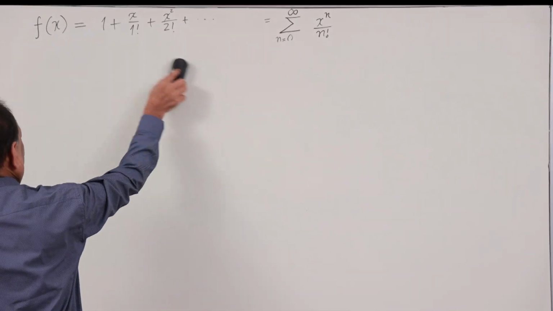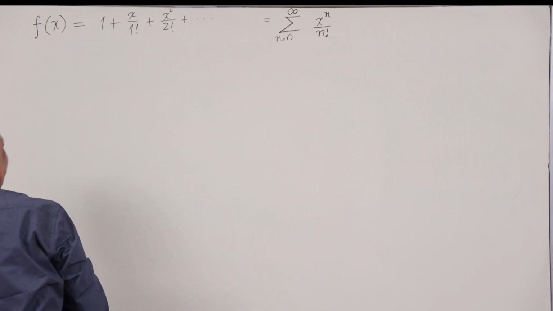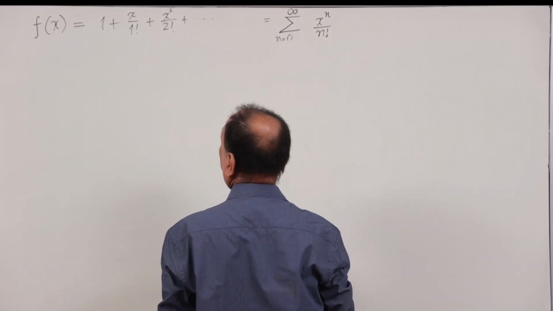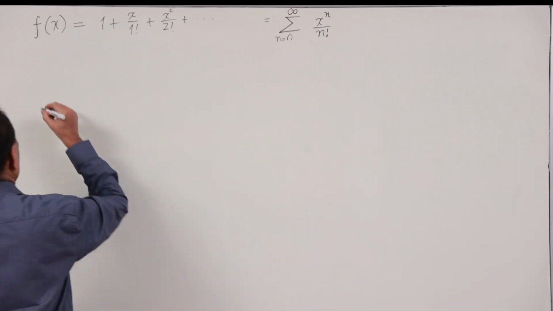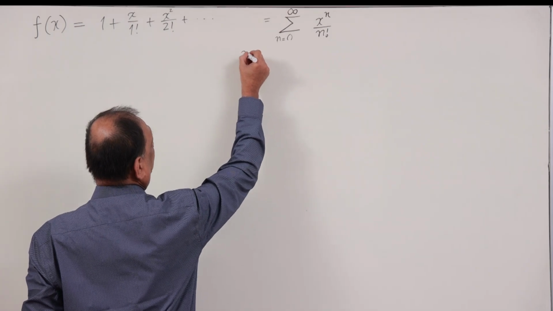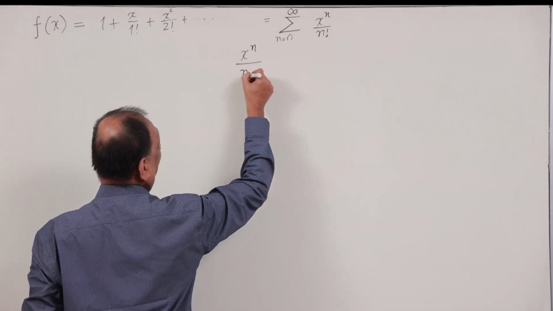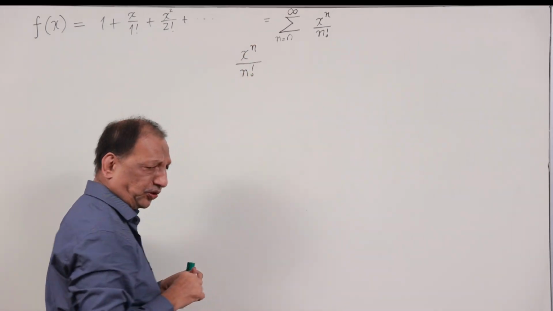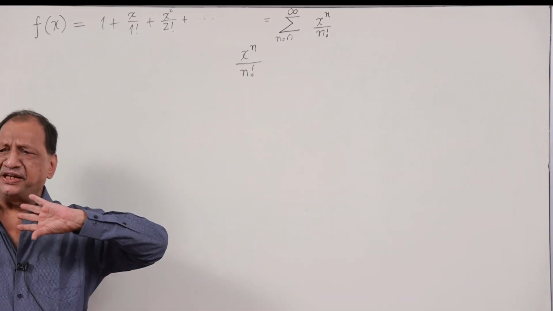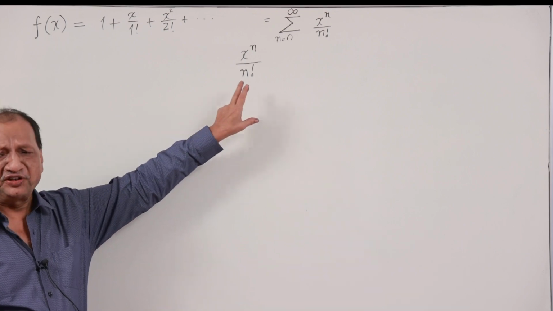Now this fx, we are saying an individual term. If you write that as a partial sum, the last term is x power n by n factorial. We have seen that n factorial is always increasing and always tames any other large number. We know that eventually this goes to 0.